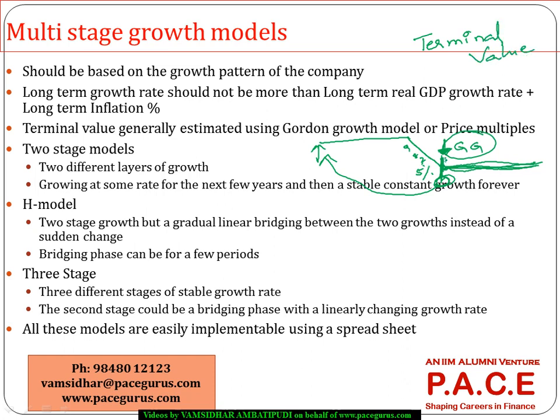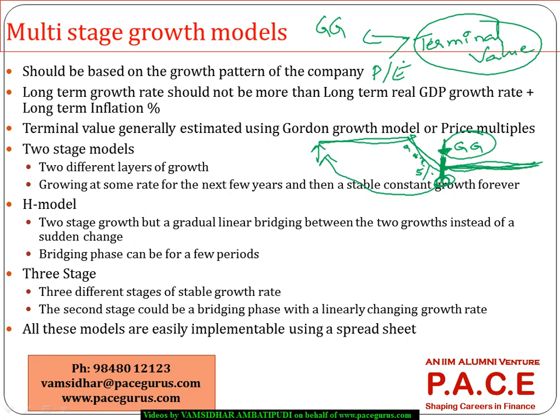Typically the terminal value is the value after our forecasting period, from where I am assuming that the growth is more or less uniform over a long-term infinite period. In most cases, people find terminal value using the Gordon growth model itself, but in some cases we use price multiples, a P/E kind of ratio, to identify what the terminal value should be at that point.